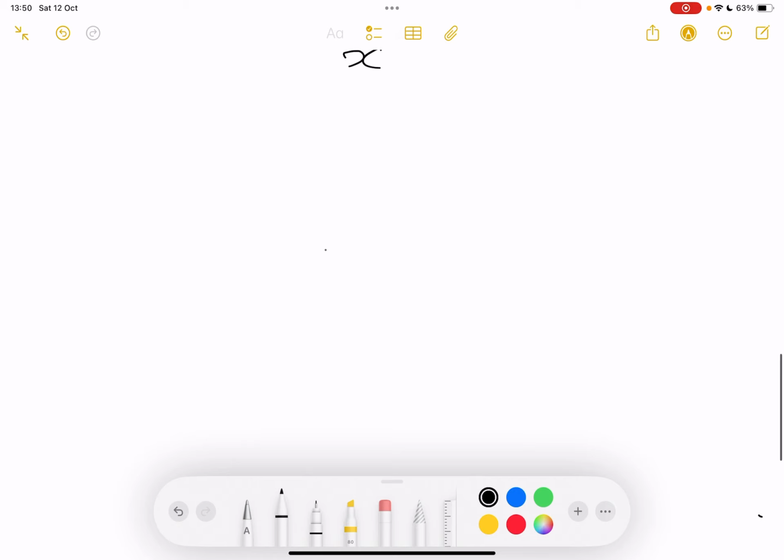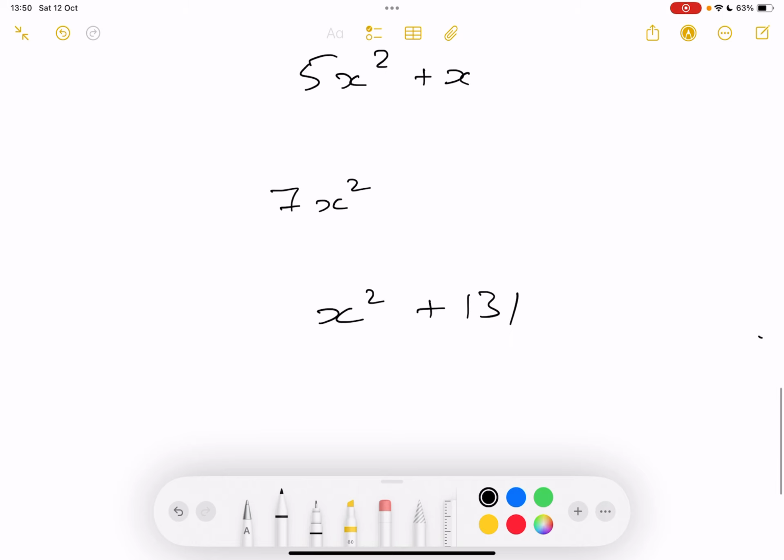Now, what is the degree of this polynomial? So what do we call it? Okay. What degree? So what do we call it?